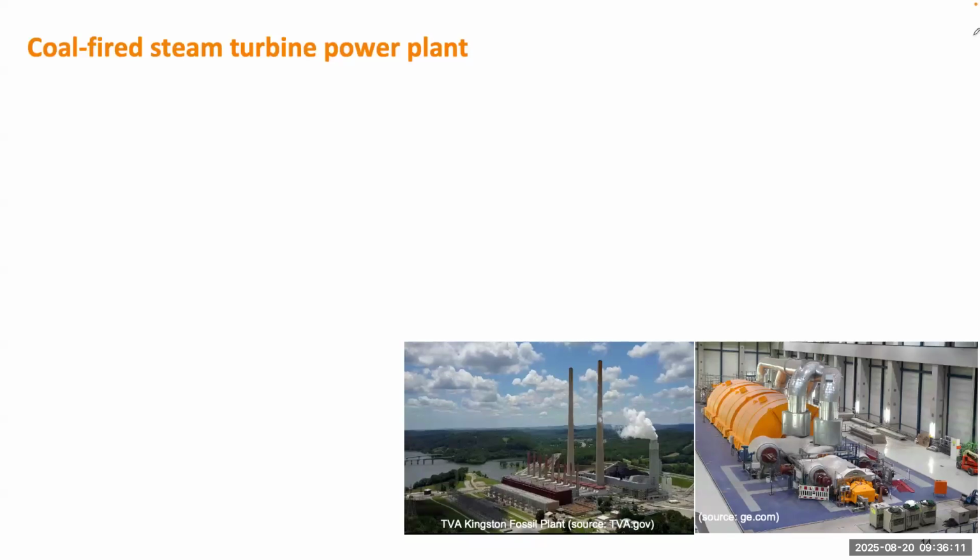We start with the coal-fired steam turbine power plant. So this is what a steam turbine coal-fired power plant looks like. This is actually the Kingston power plant. If you drive to Nashville on I-40, when you drive through a long bridge, you will be able to see this power plant on the right-hand side.